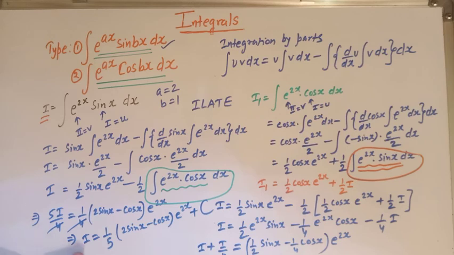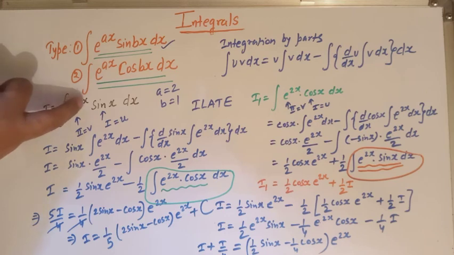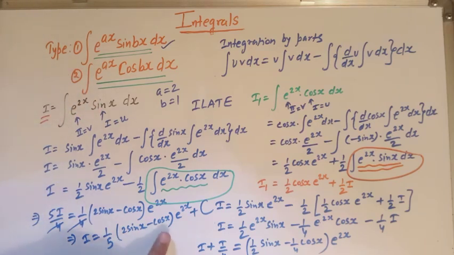So what was I? I was the integral of e raised to 2x sin x dx. So viewers, the integral of e raised to 2x sin x is 1 over 5 times 2 sin x minus cos x, e raised to 2x, plus c.